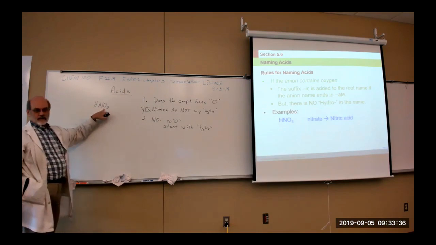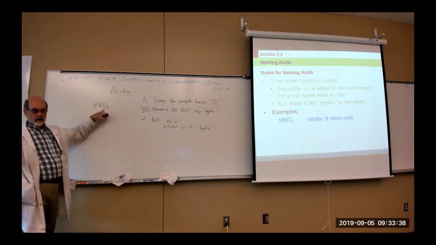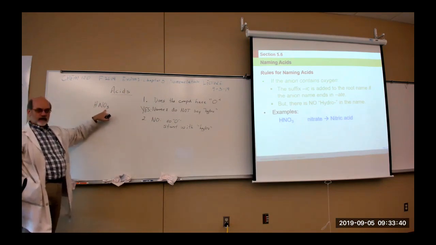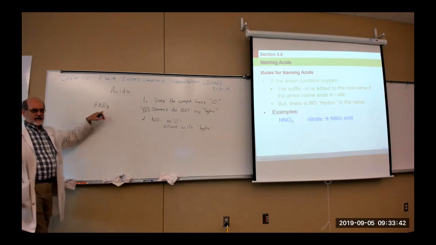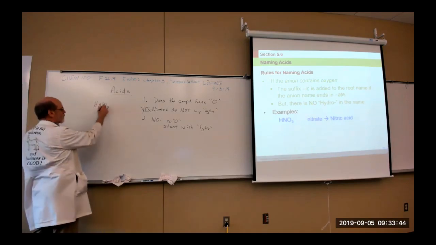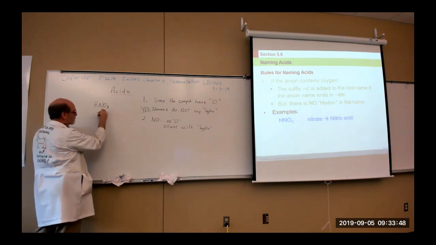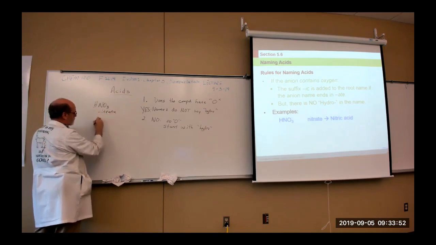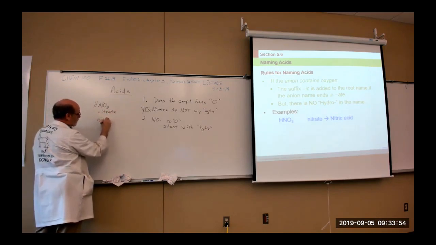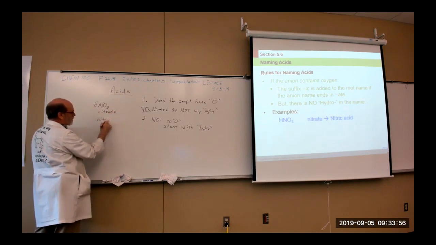One of them is oxygen, suspect a polyatomic, and it is. NO3 is nitrate. So when you convert this, of course, you don't say hydro, but nitrate then becomes nitric. Ates become ic.